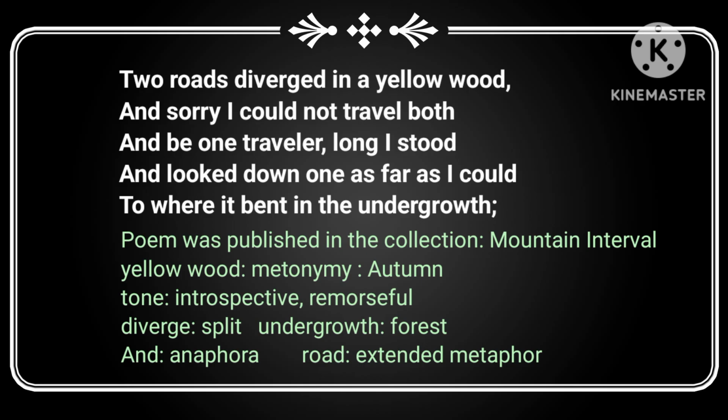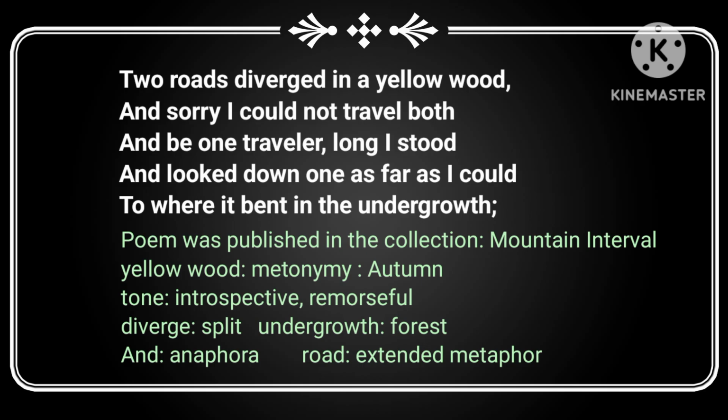Now, if we see this poem from a metaphorical angle, the road is an extended metaphor. What is an extended metaphor? Extended metaphor is like a metaphor that is used to compare things. But unlike metaphors that are used for a single moment in the poem, an extended metaphor keeps on unfolding itself with the progress in the poem.